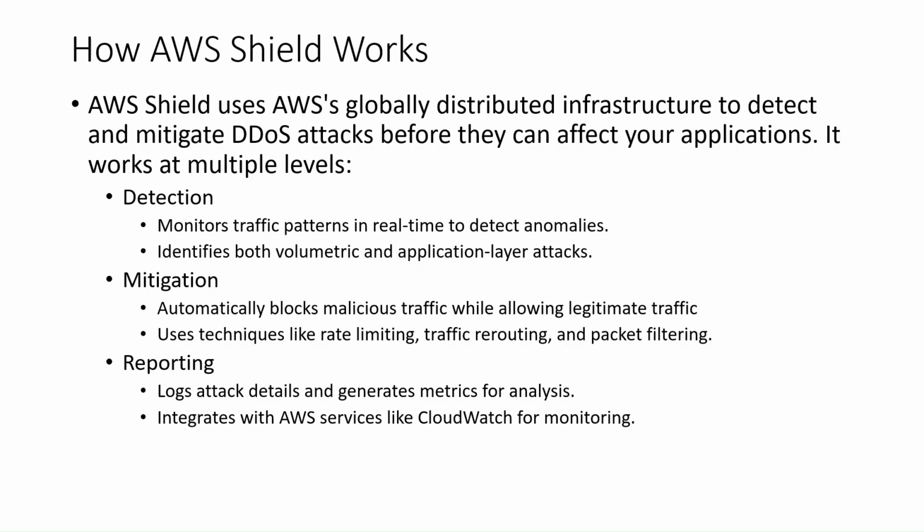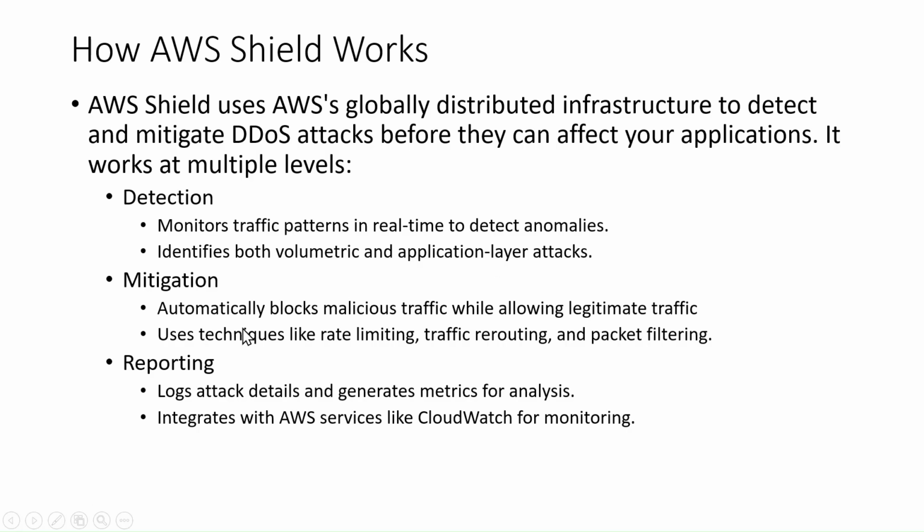They will take some time to understand what kind of algorithms you have used in security and everything, so they need time to explore. During that time, the monitoring of traffic patterns will be done to identify both volumetric and application layer attacks.